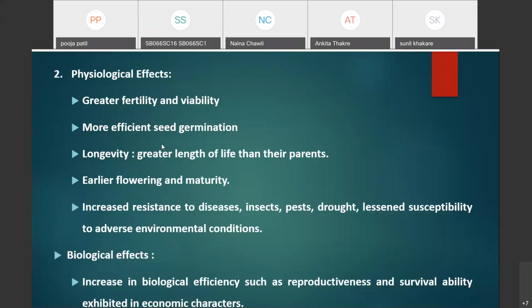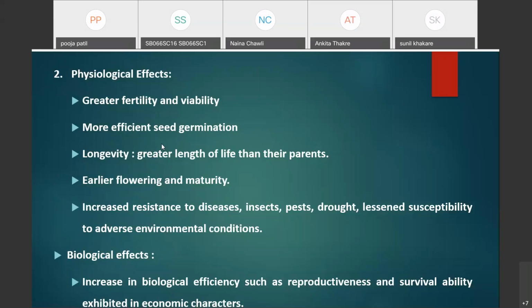In the hybrid, early flowering and maturity is observed. The hybrids have increased resistance to diseases, insects, pests, drought, and lessened susceptibility to adverse environmental conditions.